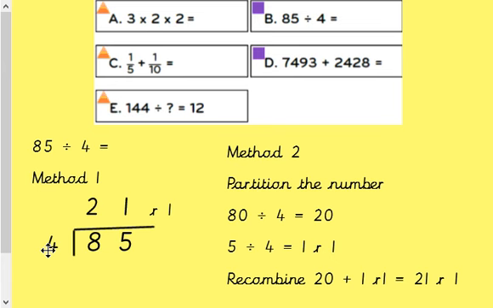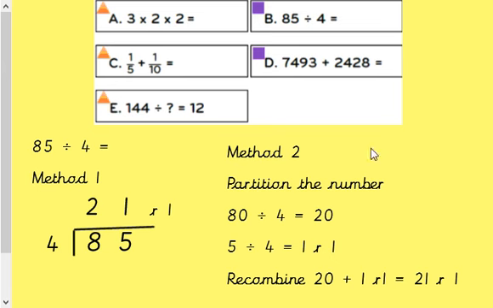If we start with the first part, 4 goes into 8 twice. So we put the answer up there, 2. And then the last division part of this question is how many 4s go into 5? Well, we can get 1 four and there is 1 left over. So you have a remainder of 1. So the answer would be 21, remainder 1.